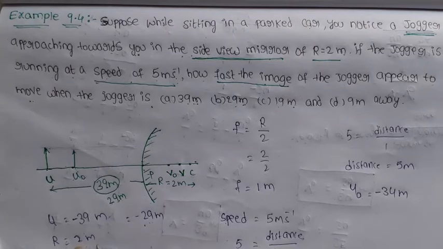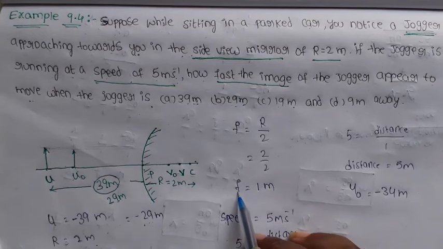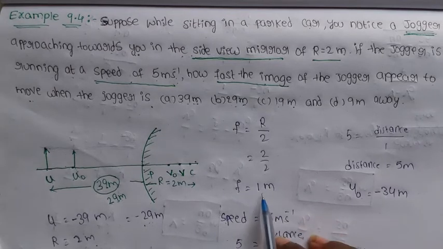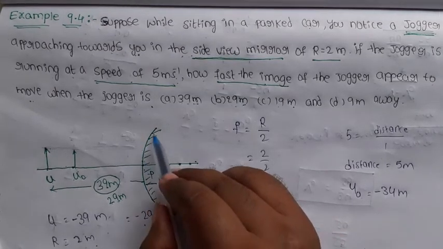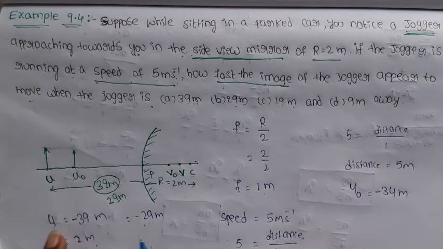R value is same because mirror is not changed. What about the focal length? Focal length is also not changed. Why? Because mirror is not changed. So u value is minus 29 meter, radius of curvature is 2 meter, focal length is 1 meter, speed of the jogger is also not changed, 5 meter per second.